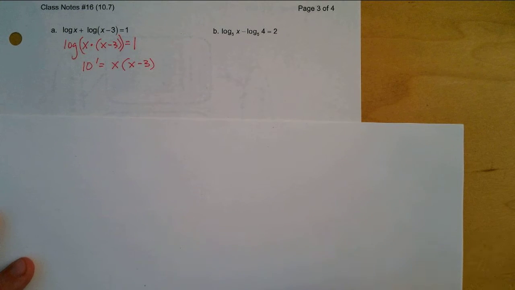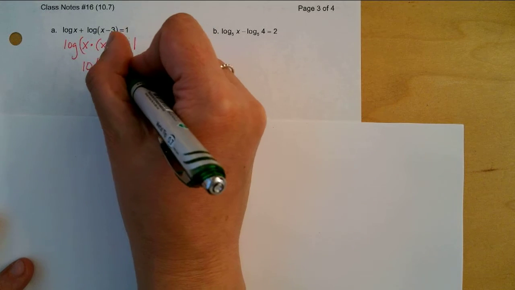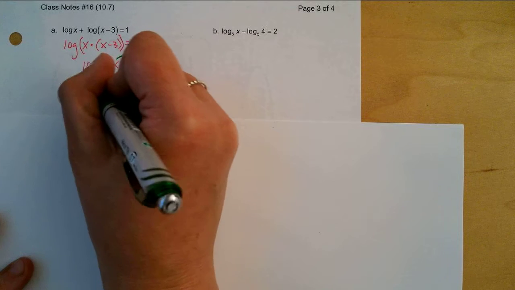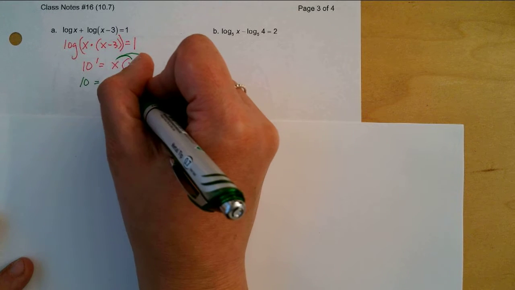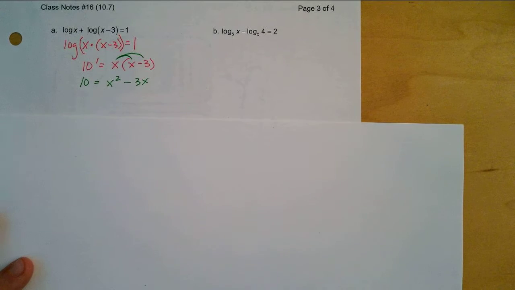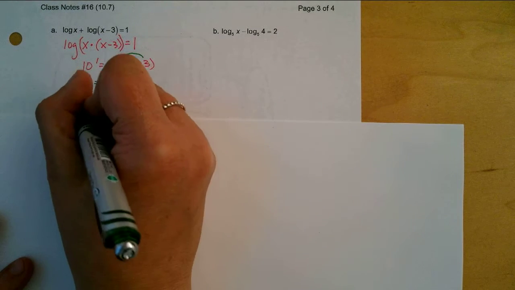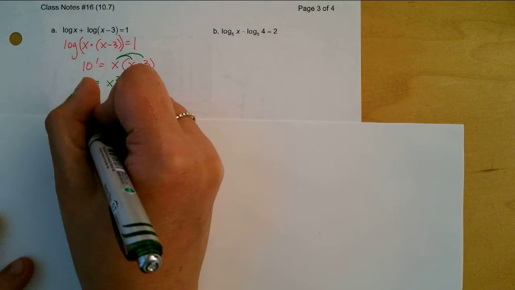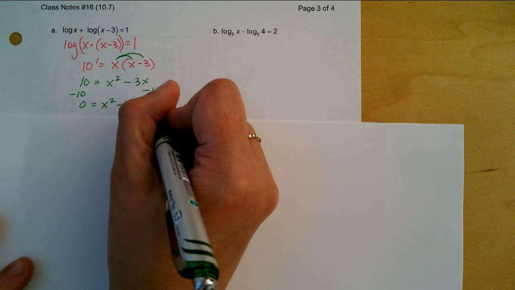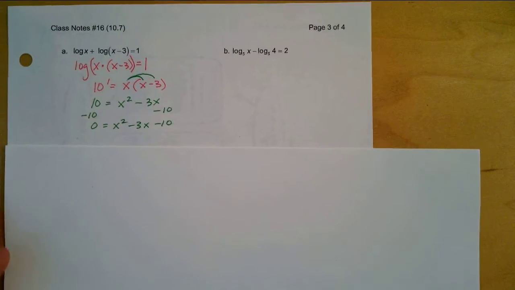So what could I do to solve that? Yeah, it's just 10. You're right. So I have 10 equals x squared minus 3x. Why would I do that? Because of distribution, right? What can I do to solve this? This is a quadratic. How would I solve it now? Any quadratic, I have to set equal to 0 to solve.